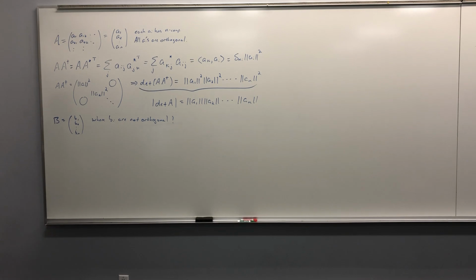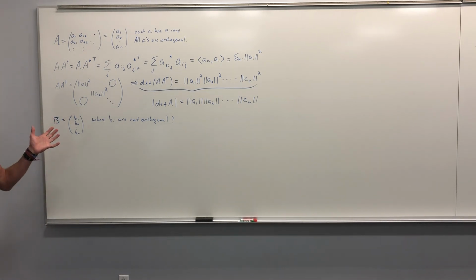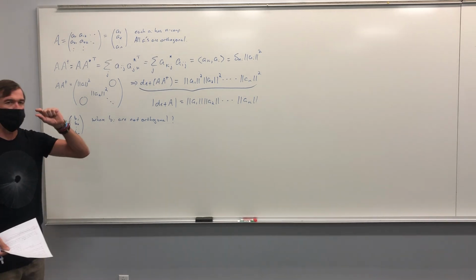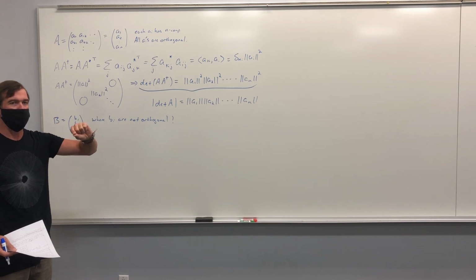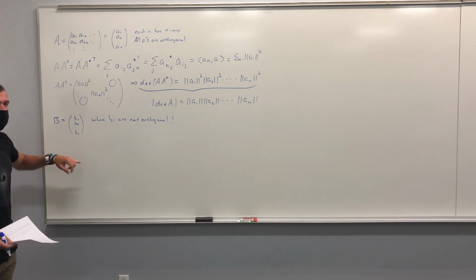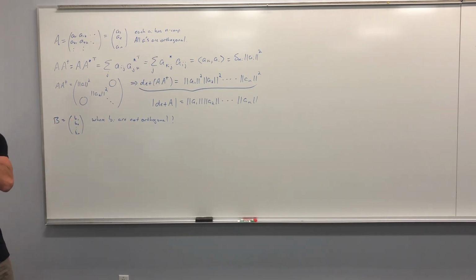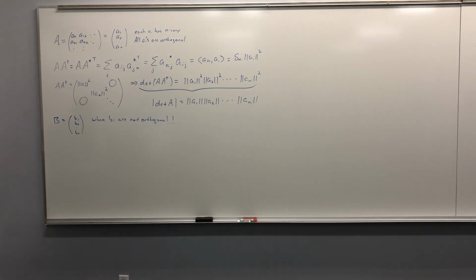Okay? So this is a general matrix. I mean, you can always take a matrix and say, I'm going to call each row a vector and label it by a single number, and then it's got n components, okay? You can always do that.